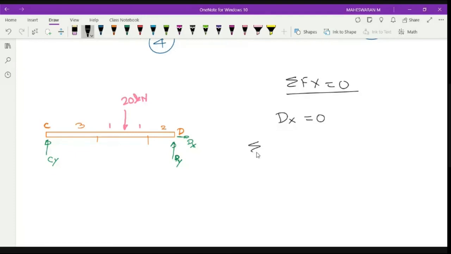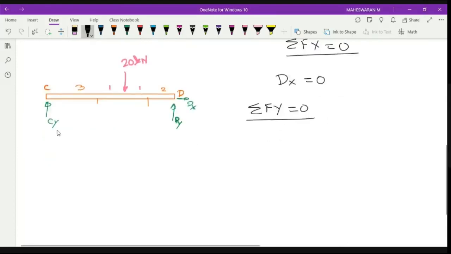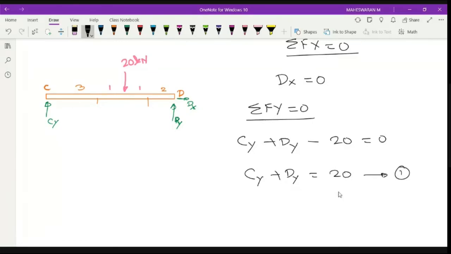Right? Next, sigma Fy is equal to 0, and I equate it. Right? So Cy plus Dy minus 20 is equal to 0. This means I can write that Cy plus Dy is equal to 20. This is equation number 1.